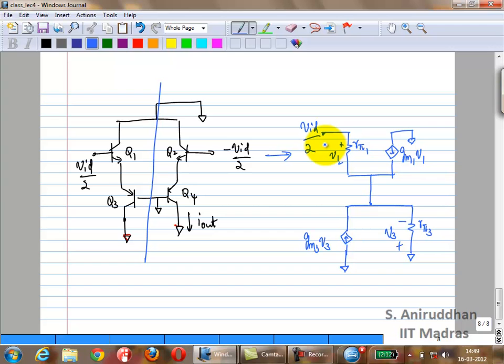This is what it's going to look like. And you're interested in this current. Okay, find out. So now remember, since it's a signal picture, you're not going to use the DC betas, beta NP and beta PNP. You're going to use beta naught, which is the signal beta. And you can simplify your answer. Assume that beta naught of both 1 and 3 are much greater than 1.